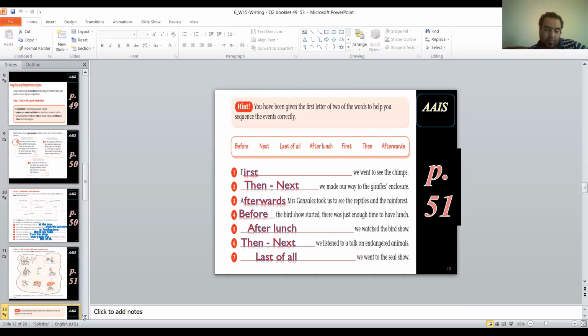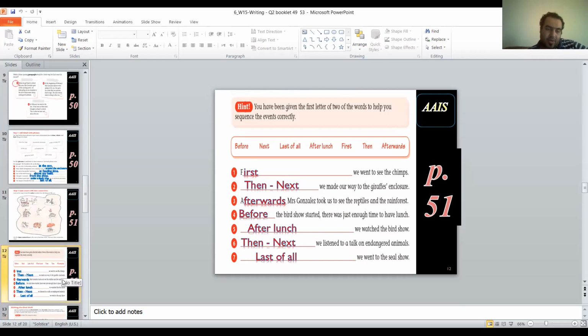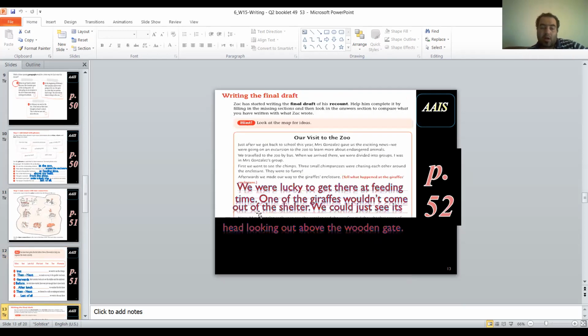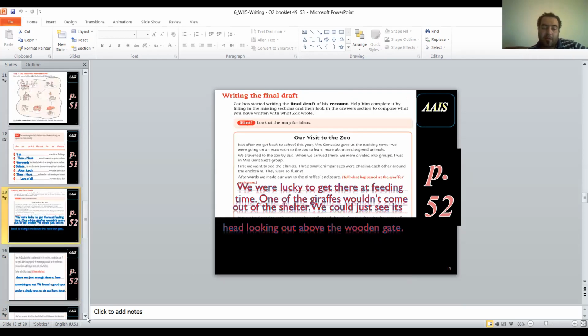Okay, and we go to the part in which you're going to add more details. So Zach wrote the final draft of his recount, but we'd like you to help him by filling in the missing sections. And then you have to check your answer with my answer.